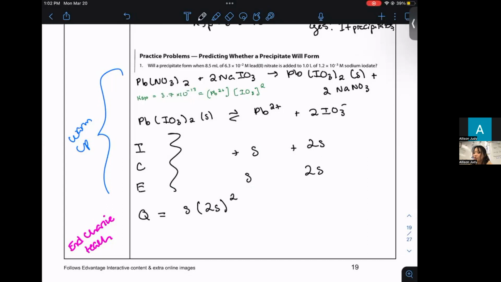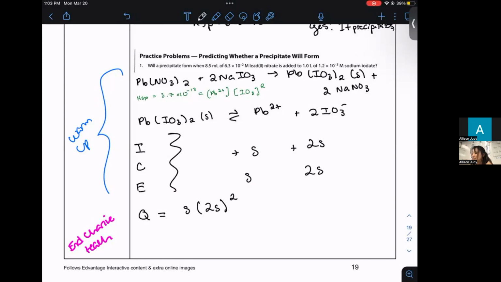So whatever change happens in Pb2+, however many Pb2+ ions you get from dissociation, you're going to have twice that many ions of IO3. You apply the equilibrium ratio as well as the stoichiometric one. Yes, you apply both. And here's the interesting thing: you use the equilibrium process, but you are not at equilibrium.